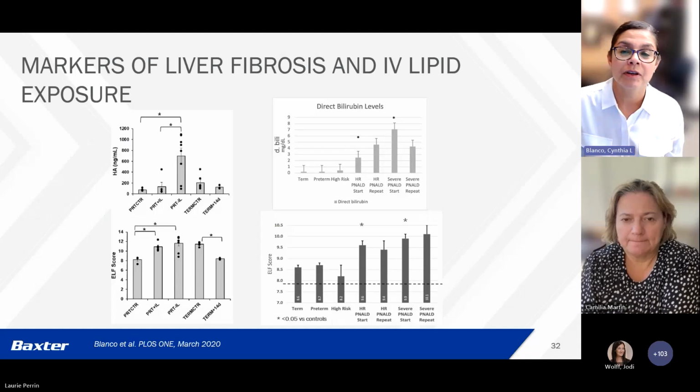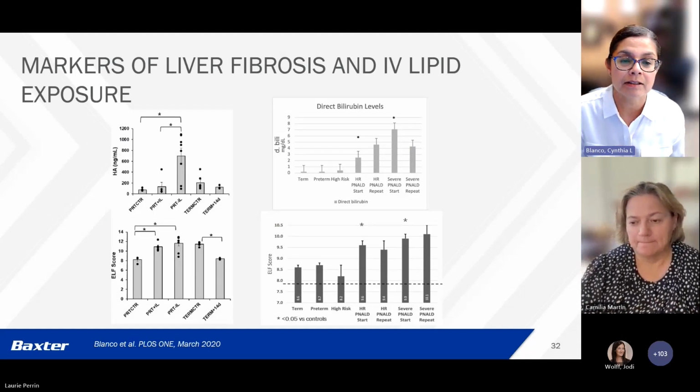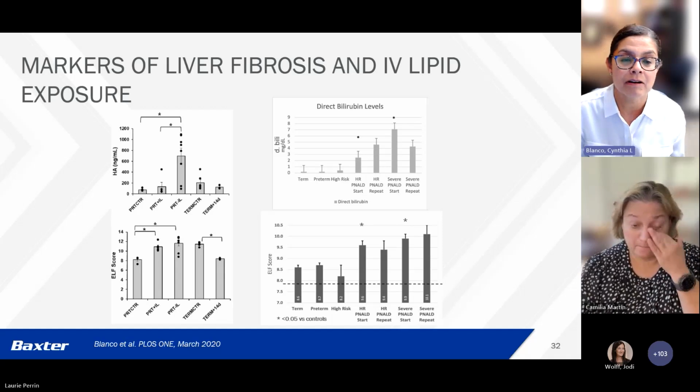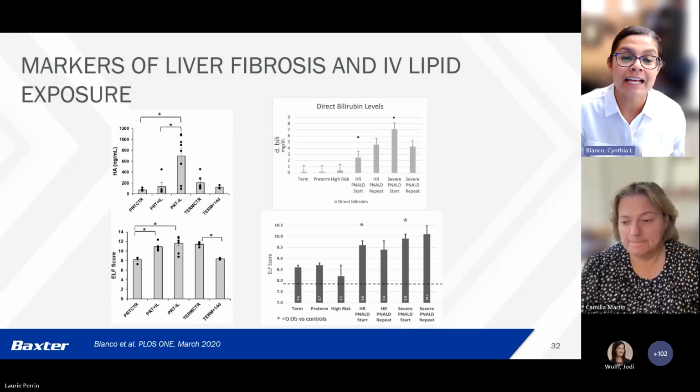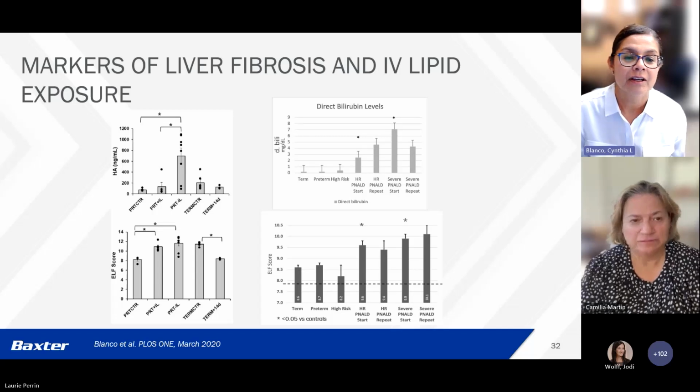Because that's what some of the studies that I've done show. The graphs on the left are animal data. And what I want you to take from today's presentation is more the importance of continuation of your lipid emulsion.